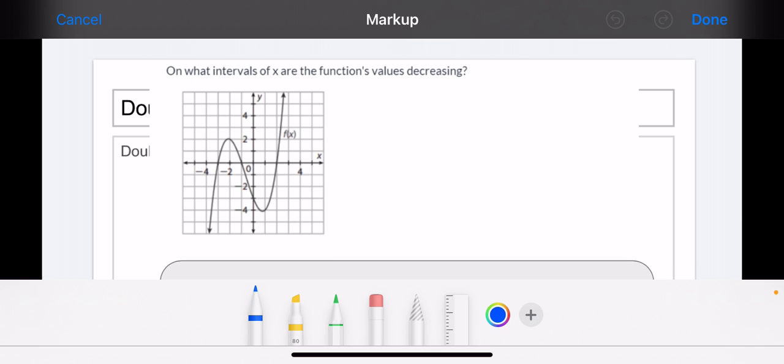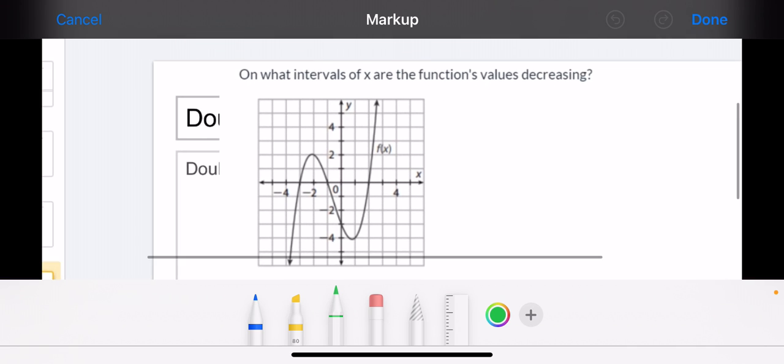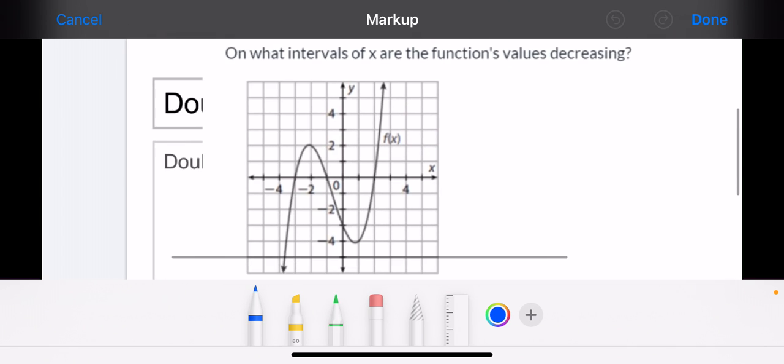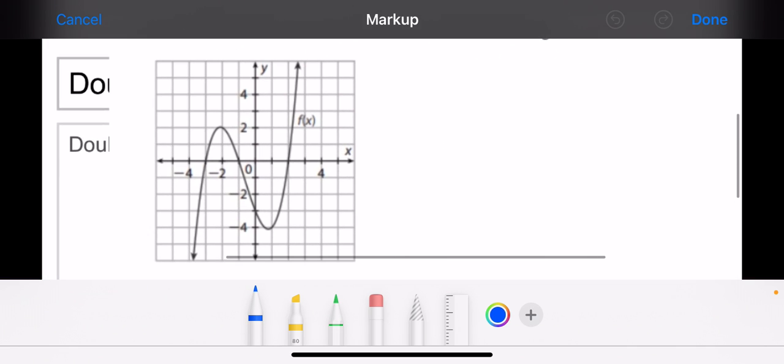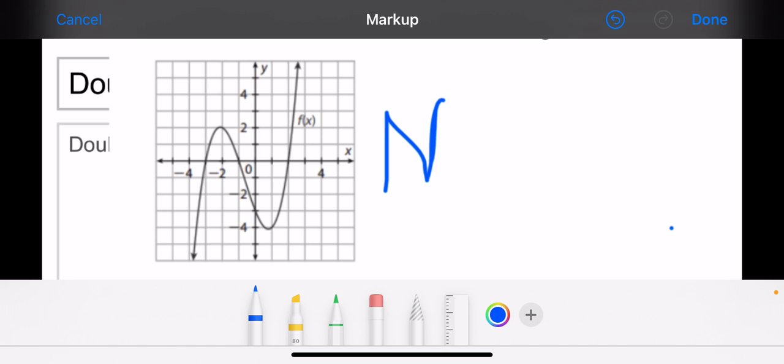Which intervals of x is the function decreasing? I use my green one for this one. So decreasing would mean negative, so we make an N for negative, which is decreasing, be this line.